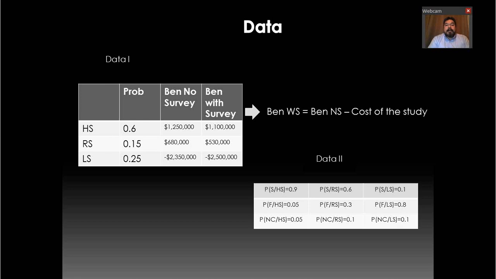We have also probabilities of failure due to high sales, of non-conclusive results due to high sales, of failure due to regular sales, of non-conclusive results due to regular sales, of failure due to low sales, and of non-conclusive results due to low sales. And if you add the quantities in each column, you are going to add up to 1. And those are the probabilities that the studies gave us in the past.